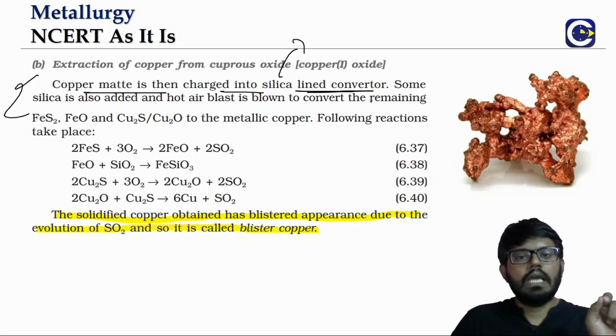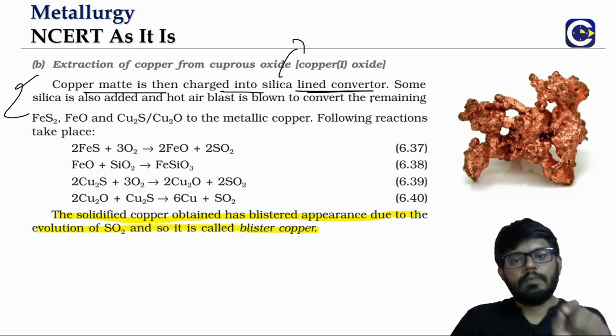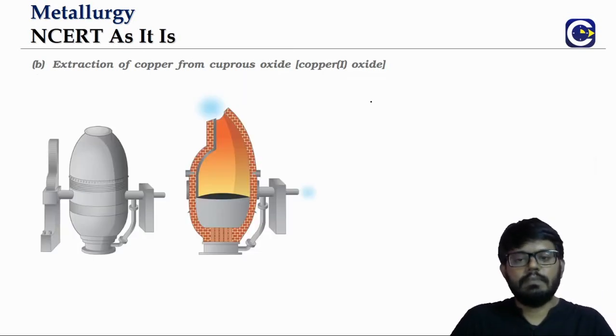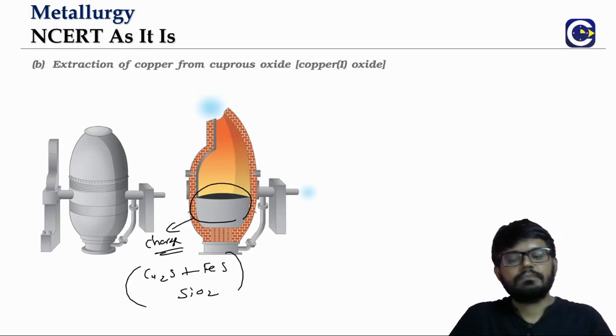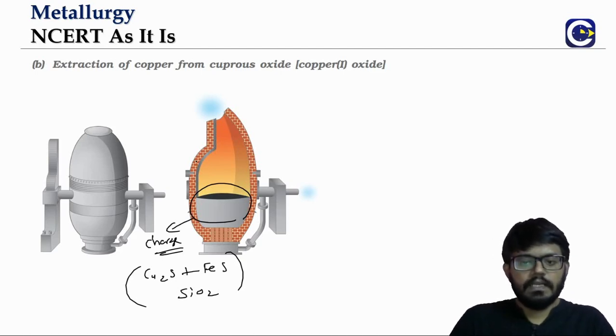So now we have the copper matte. I'll just show you what the Bessemer converter is. This is how we'll have the Bessemer converter. Here we'll have the charge. Charge is what? The copper matte mixed with silica. We also have some silica lining here. Now what happens inside the Bessemer converter?